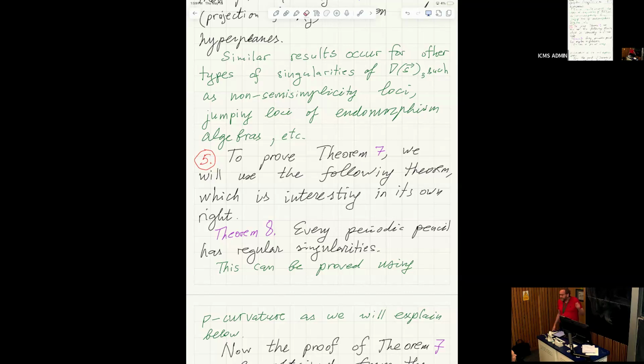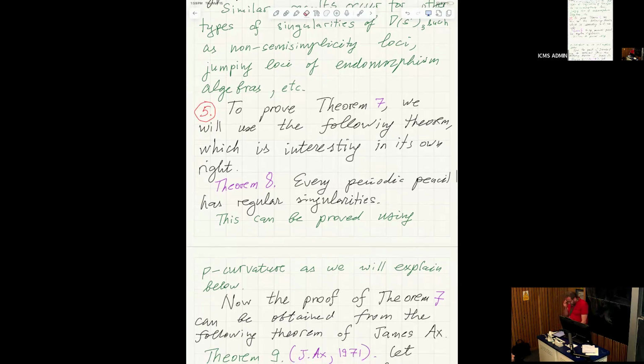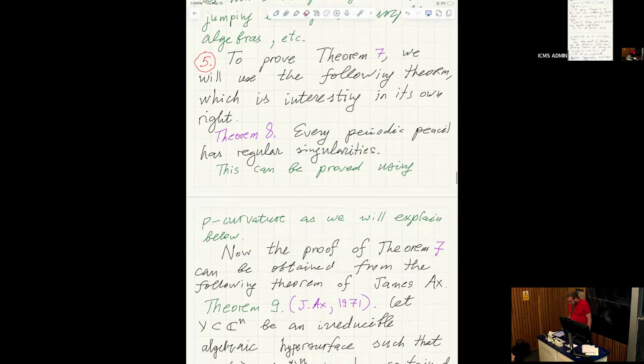But this follows from this property. What's funny about this theorem is that the proof of this theorem uses reduction to positive characteristic. And this can be proved using p-curvature, which we'll explain below.